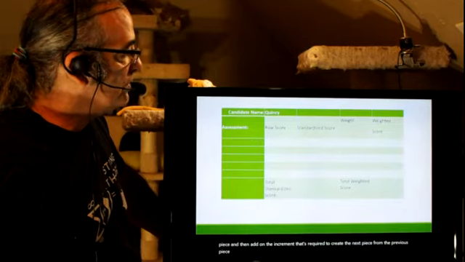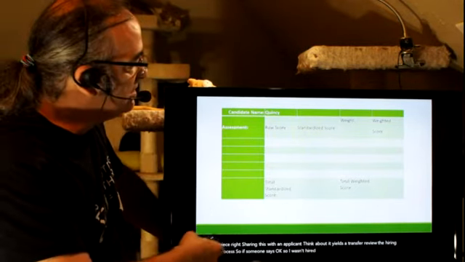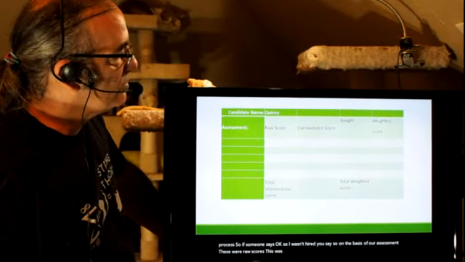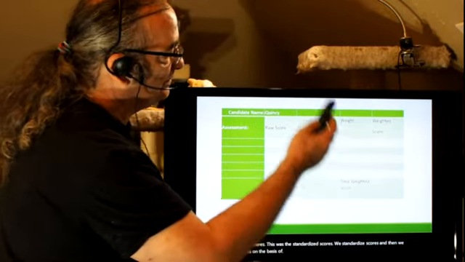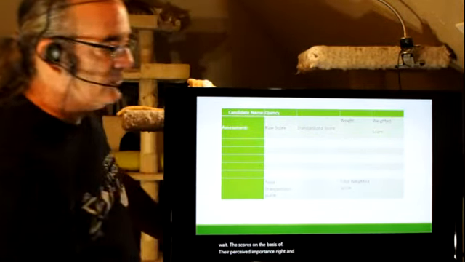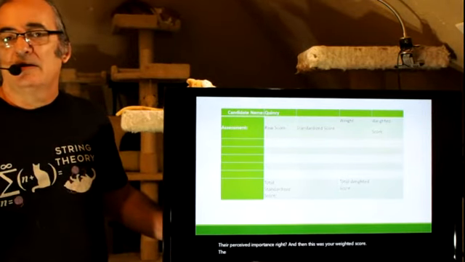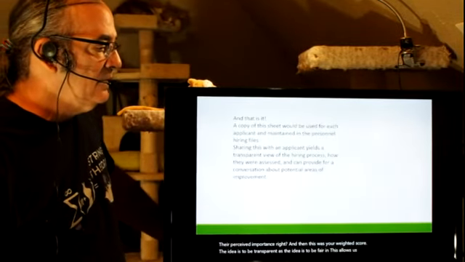So if someone says, well, okay, I wasn't hired, you say, okay, on the basis of our assessment, these were your raw scores, this was the standardized scores, we standardize those scores, and then we weight the scores on the basis of their perceived importance, right? And then this was your weighted score. The idea is to be transparent, the idea is to be fair, and this allows us to accomplish both, right?